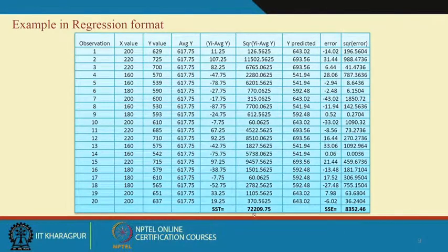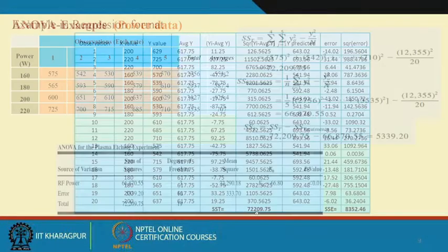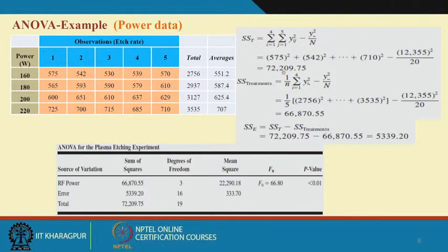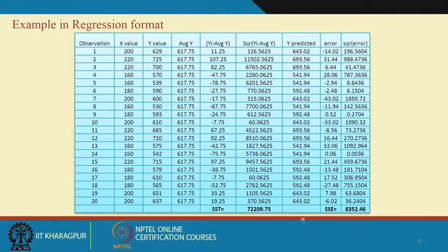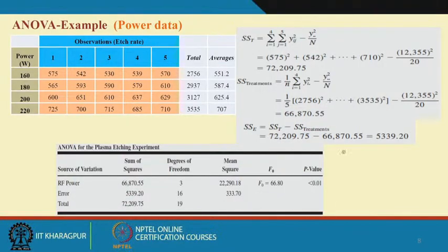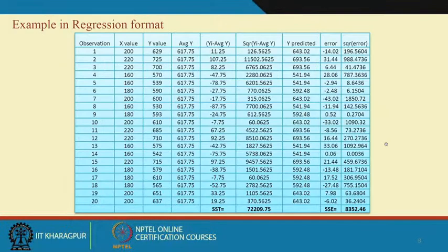Now, SST is 72,209.75. Then SSE is 8352.46, but here it is less. Maybe that is because of rounding error and other things, but ultimately the total is the same.